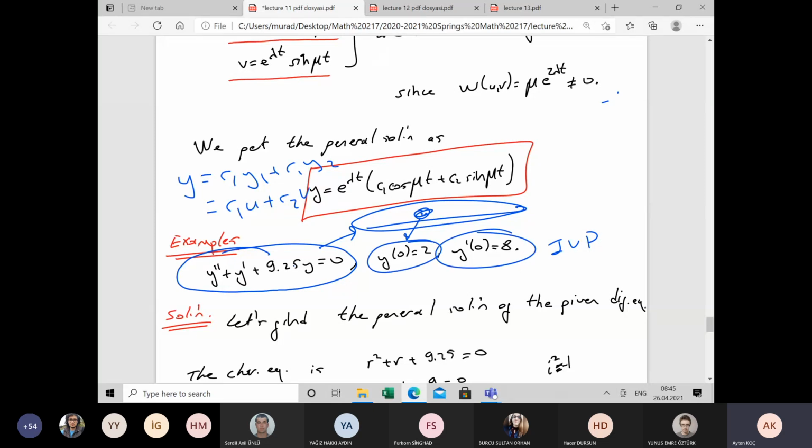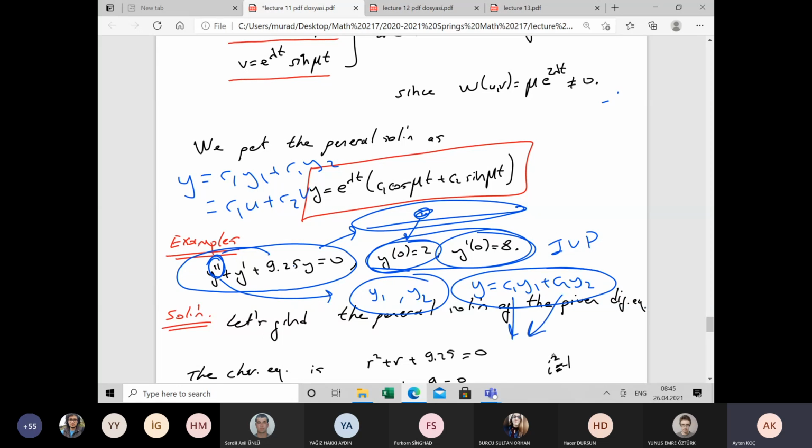Since this is a second order differential equation, the characteristic equation has two roots and we obtain two fundamental solutions. So what's the general solution? The general solution is C1 y sub 1 plus C2 y sub 2. This gives infinitely many solutions, but we choose one of them that satisfies the initial conditions, which means finding C1 and C2.